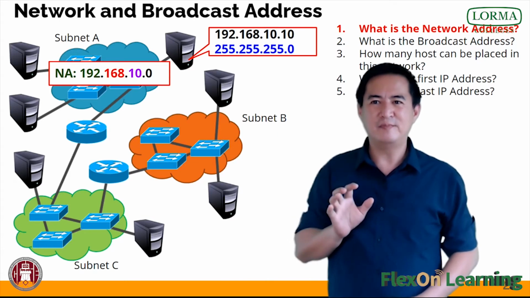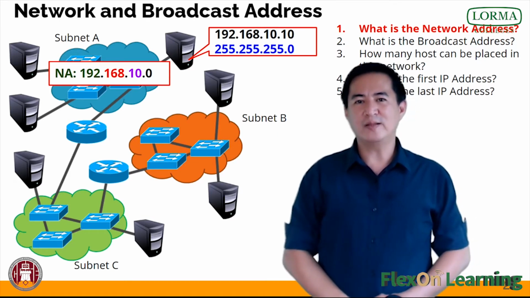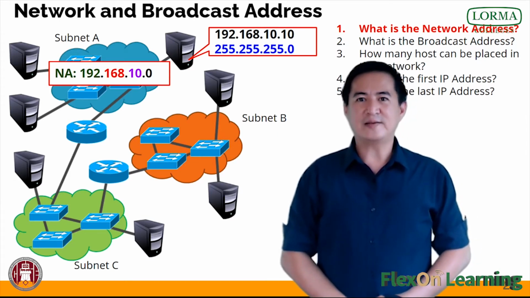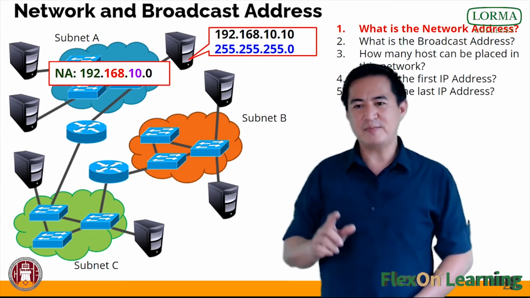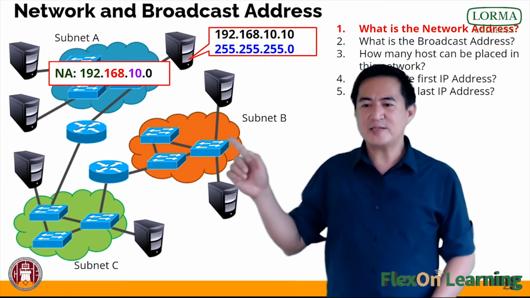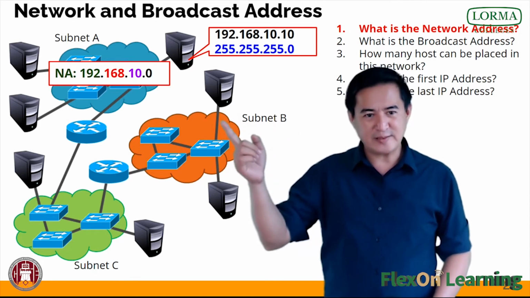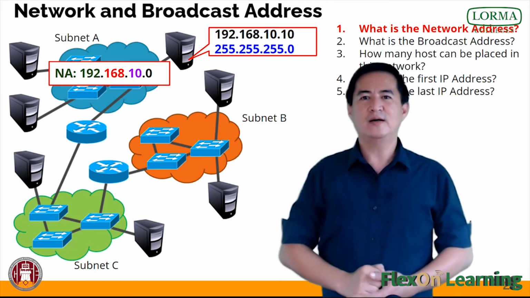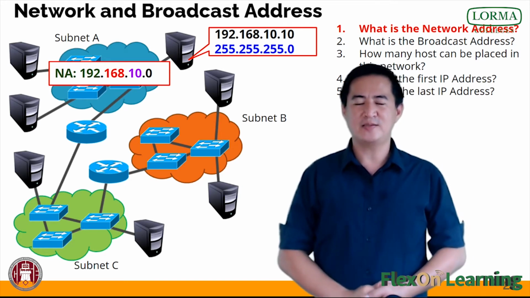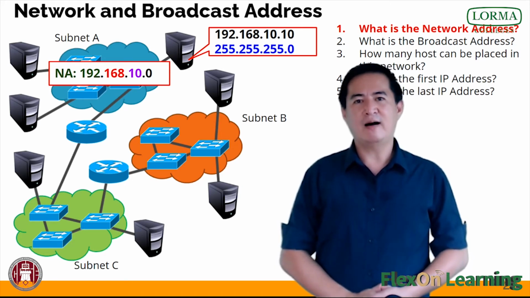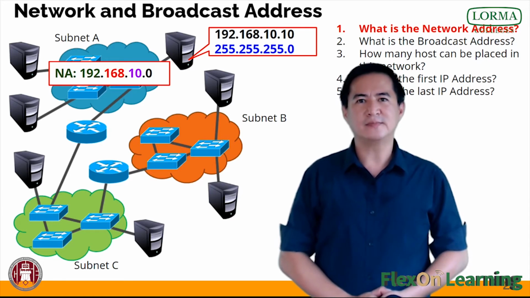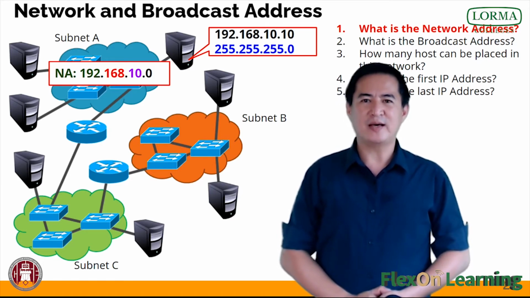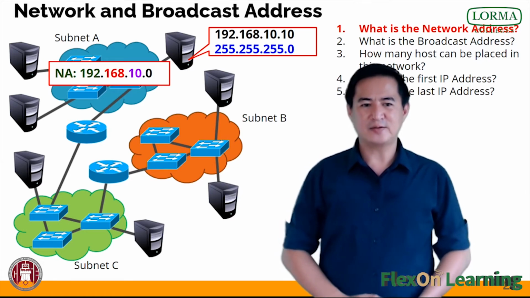Have communication with all the other friends that you have in your contacts. So similarly, for every subnetwork, there is a network address and a broadcast address for purposes of broadcasting, such as finding a DHCP address. Okay, so let's move on.